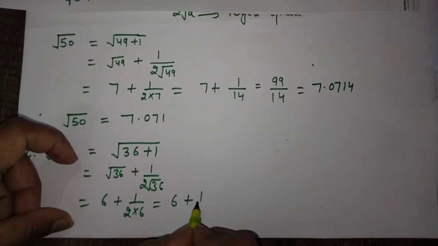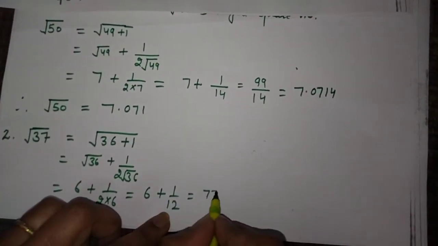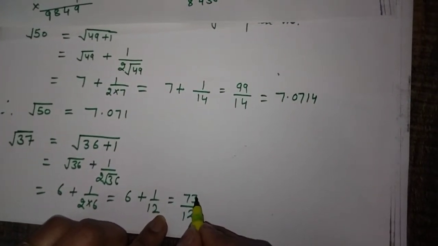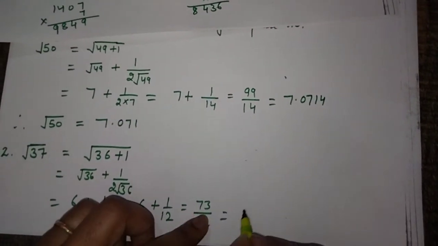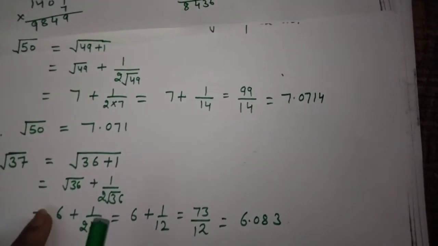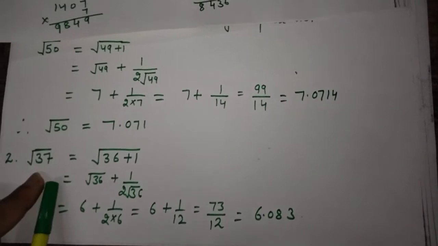So this becomes 1 by 12. 12 6s are 72, 72 and 1, 73. When you divide 73 by 12, you will get the answer 6.083.